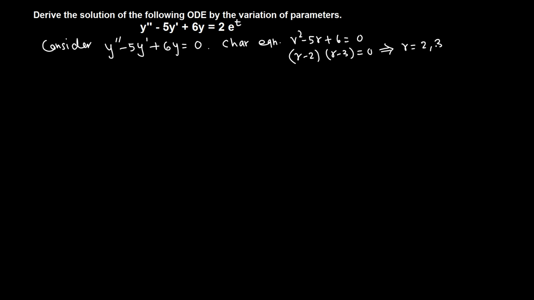So based on these two real and distinct roots, we have two solutions, e raised to 2t, let's say y1, and y2, e raised to 3t. Okay, there are two solutions, and the general solution of this homogeneous part, which is the same as the complementary solution, y complementary for the original equation, is now C1 first solution plus C2 second solution.